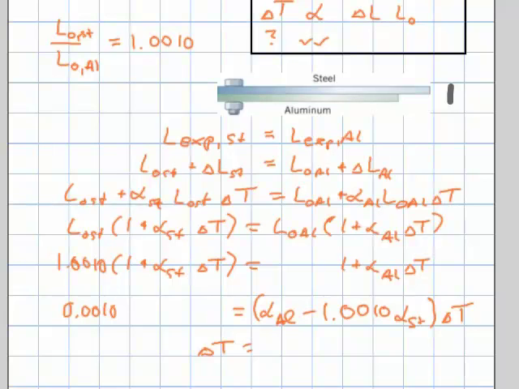The alpha for the aluminum is 23 times 10 to the negative 6, and then I subtract from that 1.0010 times the alpha for the steel, which comes out to 12 times 10 to the negative 6, and I come up with 91.008, and looks like we have two significant figures. So 91 Celsius degrees is the result.